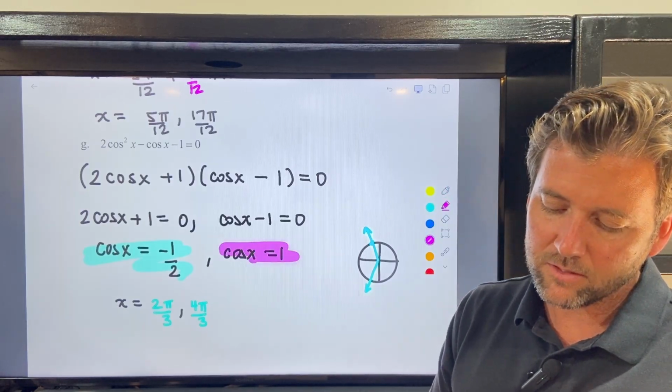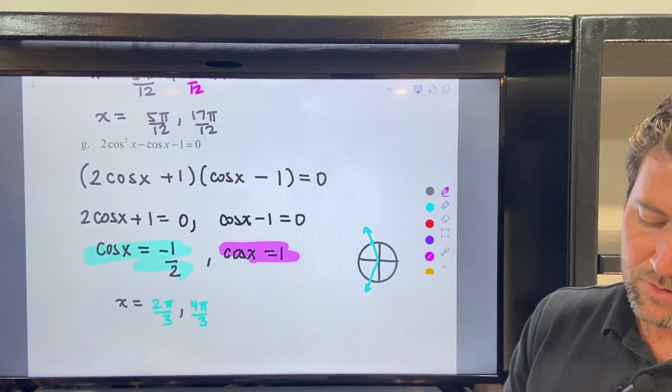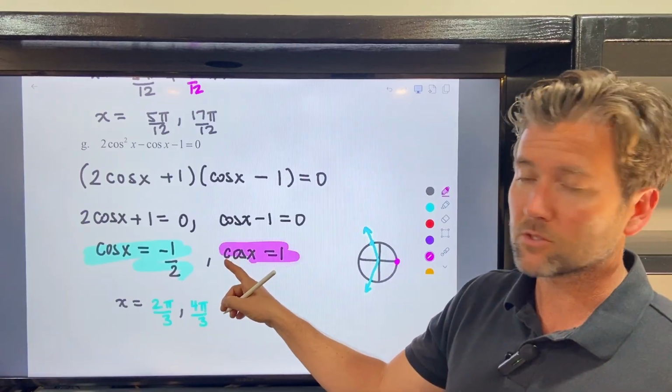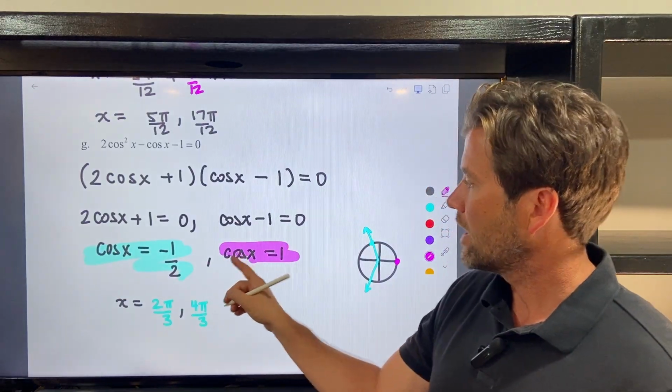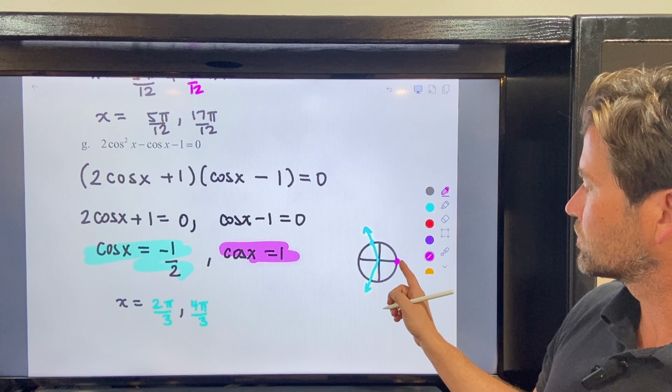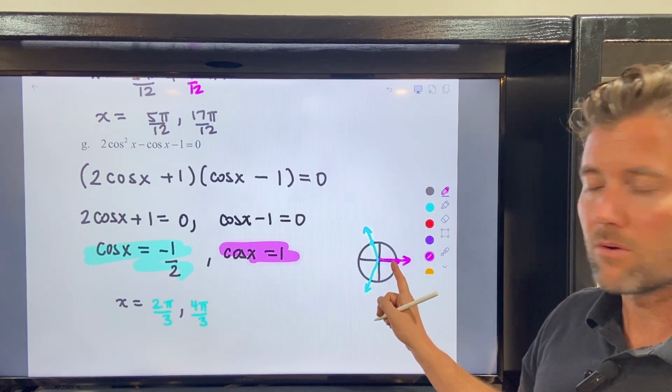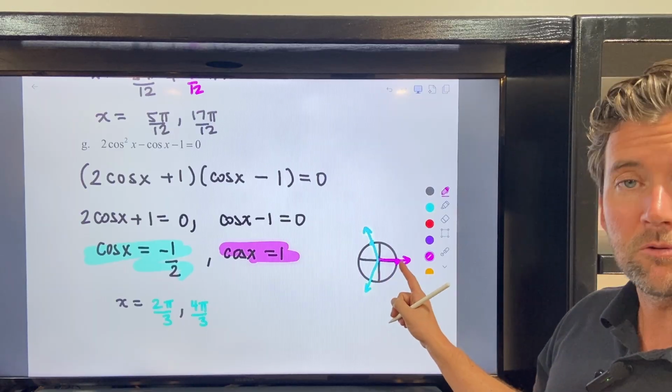Now I have cosine of x equals 1. This is the only location. When I see cosine, again, I'm still thinking x coordinate. That was cosine, this is cosine. X coordinate equals 1. That's right here. Here's our angle. That is the angle 0. If I go all the way around, that's 2 pi.